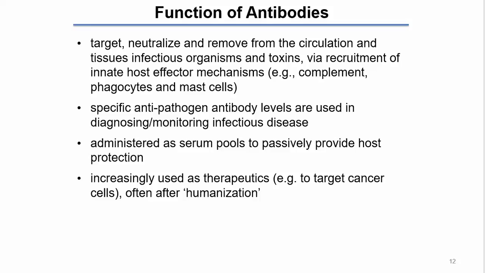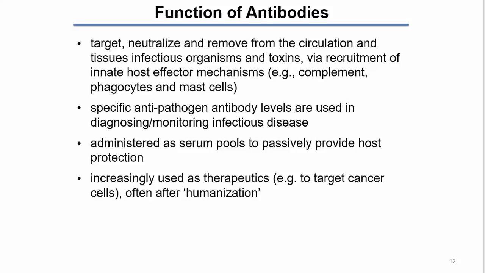So antibodies neutralize, agglutinate, precipitate, and activate complement. Those are the things that they do. So they'll target and remove from circulation these infectious organisms or toxins, proteins that aren't supposed to be there, and they recruit some of the effectors, complement.